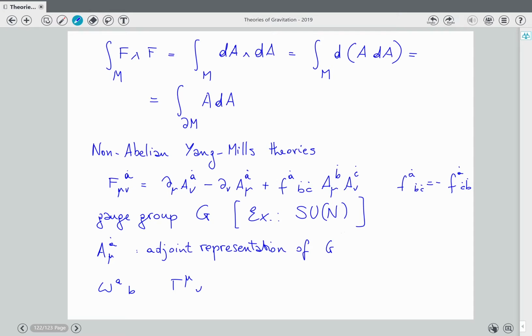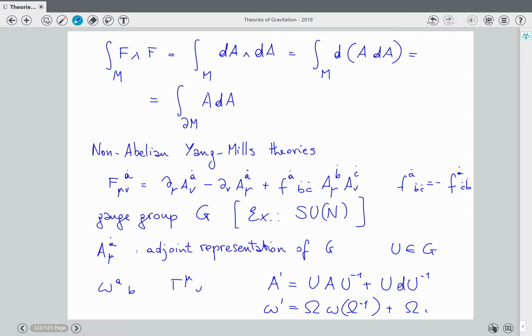And by the way, the transformations of that type will be of the same form we have already met. We'll just write the formula with U belonging to the group, and this is reminiscent of our formula because it's always the formula for the transformation of a connection.